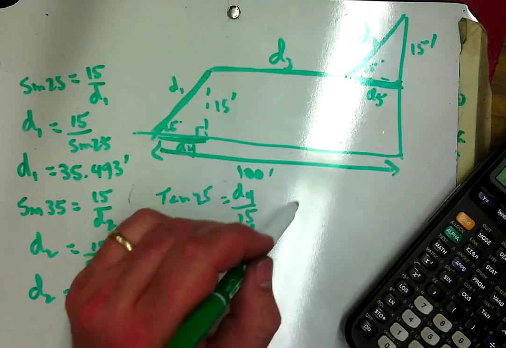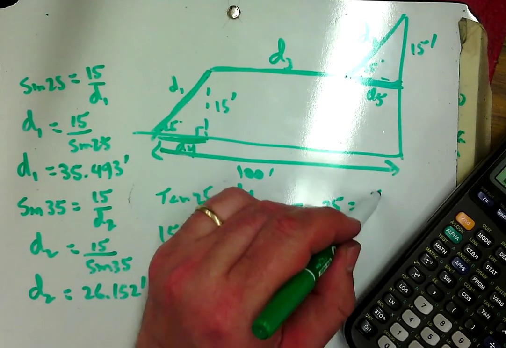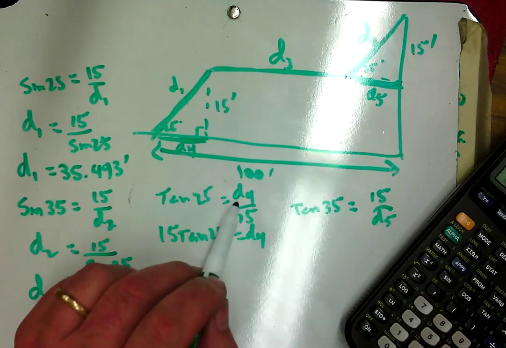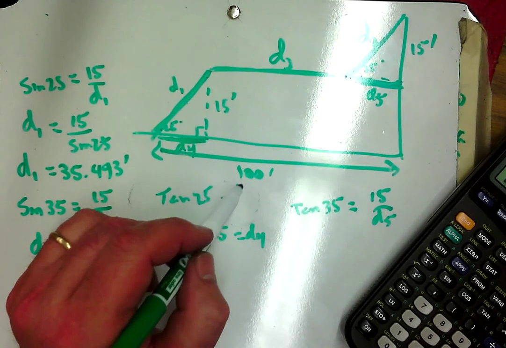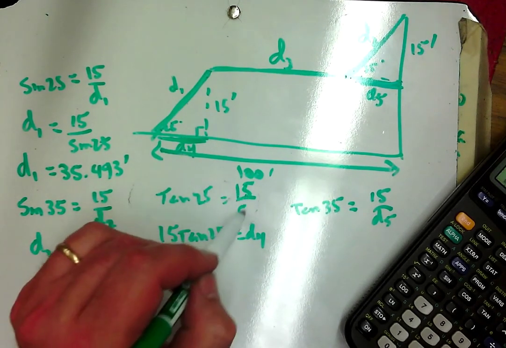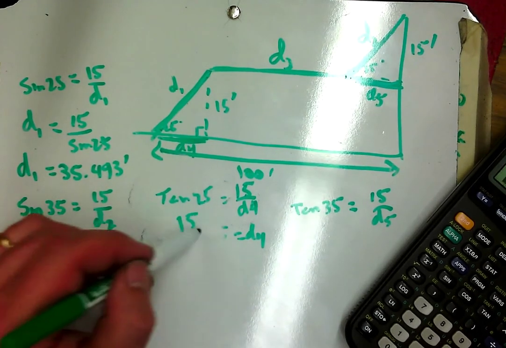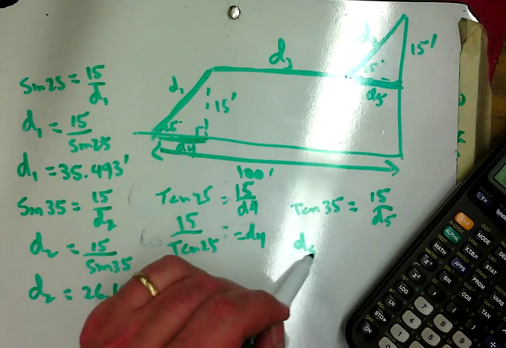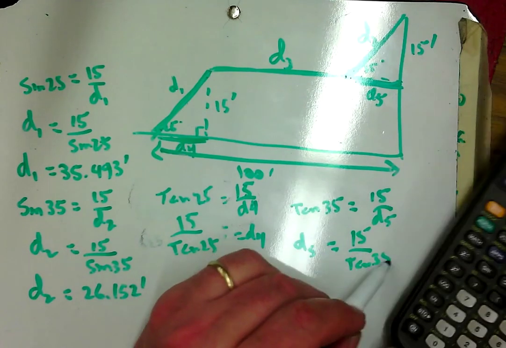And over here I can say tangent 35 equals 15 over D5, so D5 is 15 over tan 35.